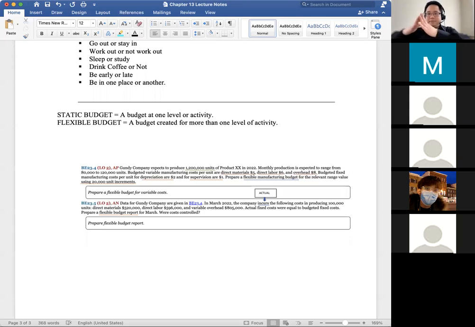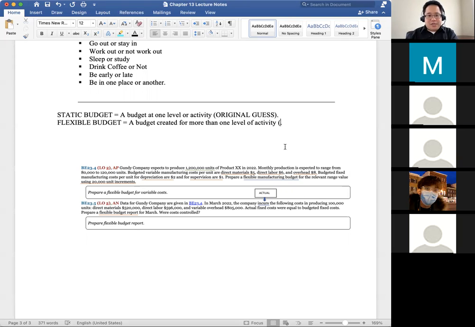Flexible means it moves, flexes, right? Static means it's the same. It doesn't move. More to the point of what we're talking about today, a static budget is really an original budget, an original guess.